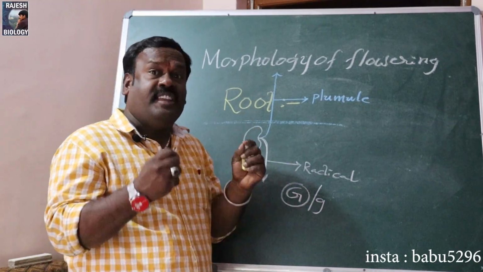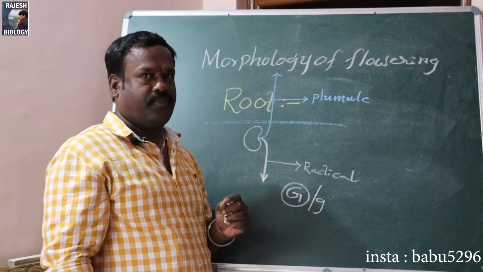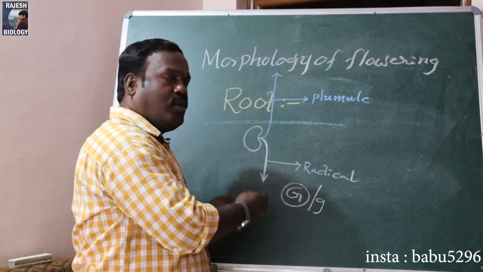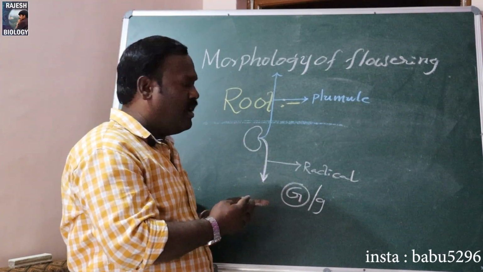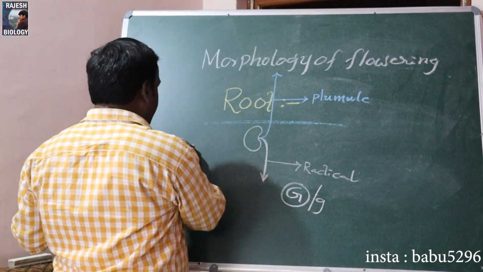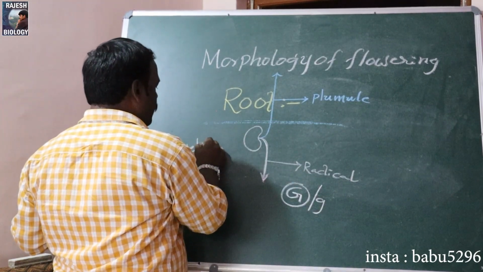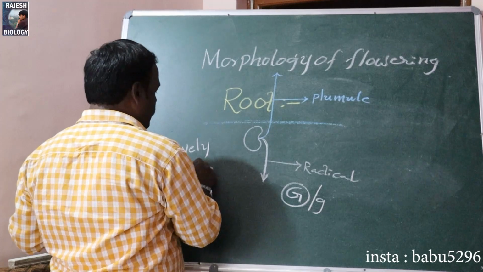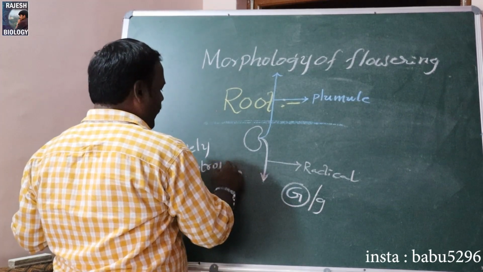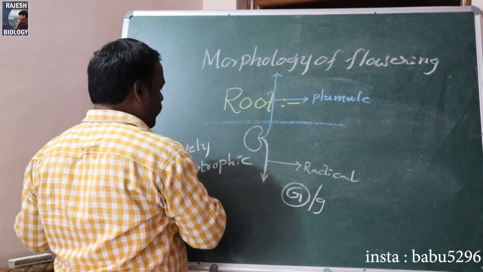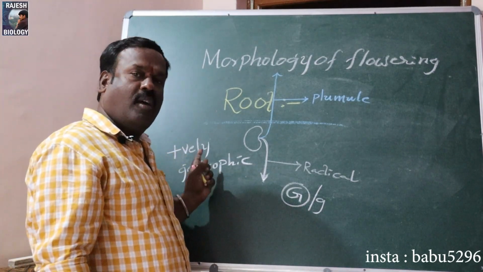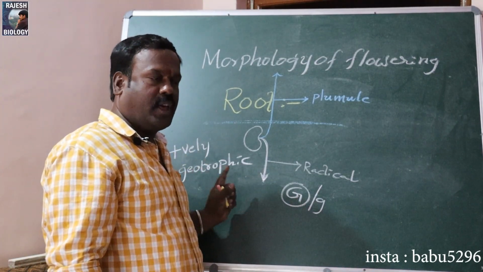It is the main characteristic of the root: root grows towards the gravitational force. Positively geotropic or positively geotropic manner, both are correct.